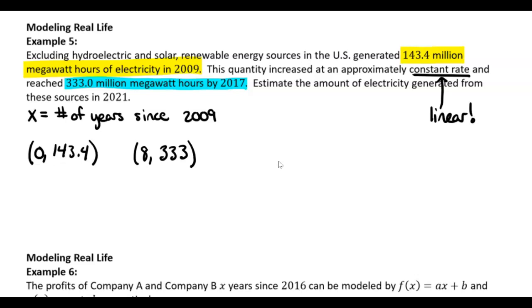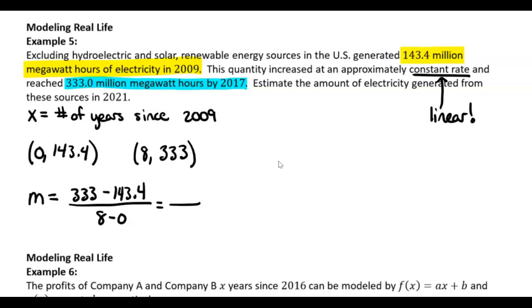Now remember that we learned in the beginning of chapter 3 that the independent variable, if there's something about time, in this case years, is always time. So that's why the years went in the x spot and the electricity went in the y spot. Now we know it's a linear model, so we can find our slope. We're going to do 333 minus 143.4 over 8 minus 0.